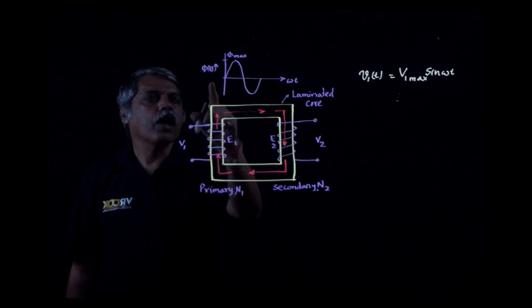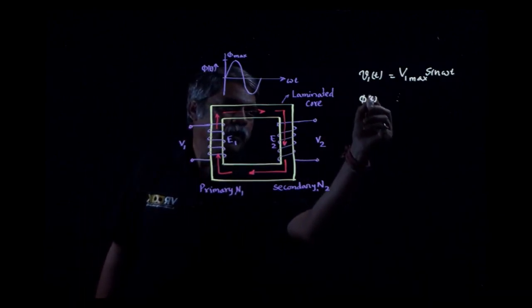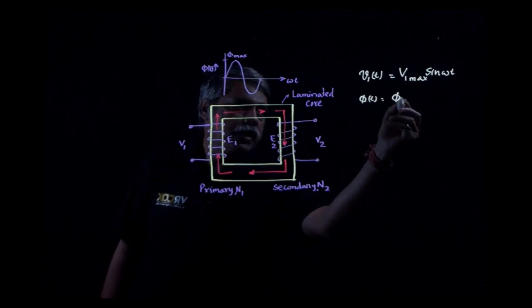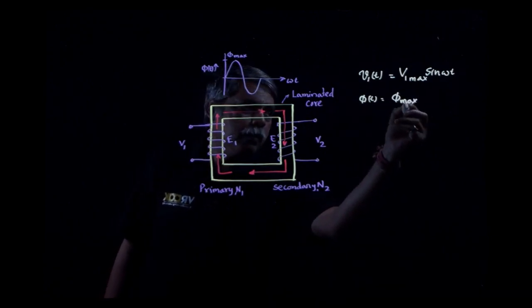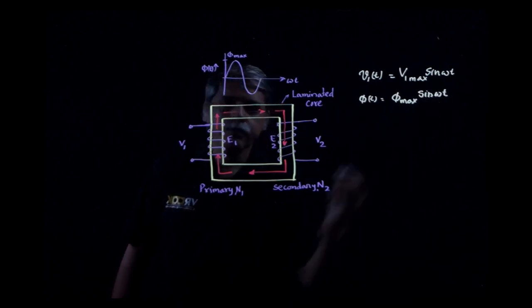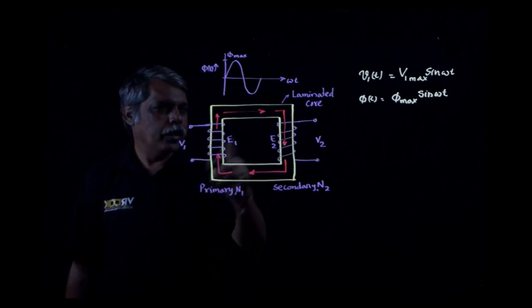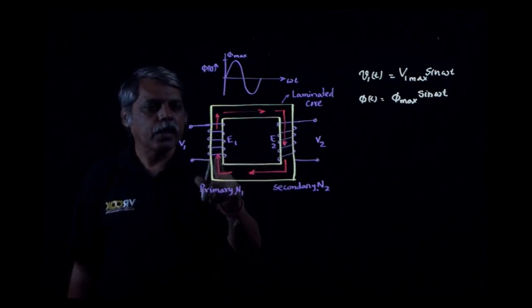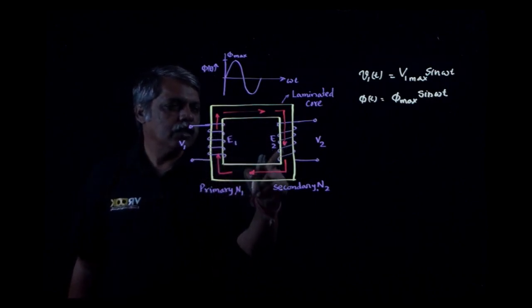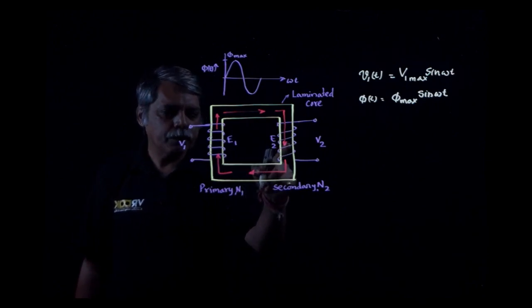This flux will have an instantaneous value phi of t given by phi max, the maximum value of the flux, sine of omega t. This flux moves through the core, is set up by the primary winding, and links with the secondary winding and induces a voltage.